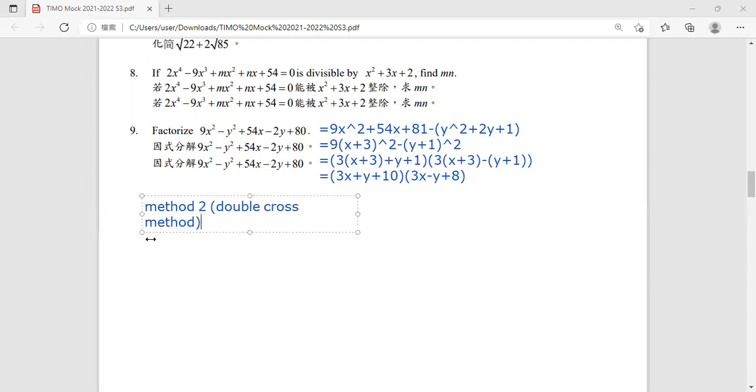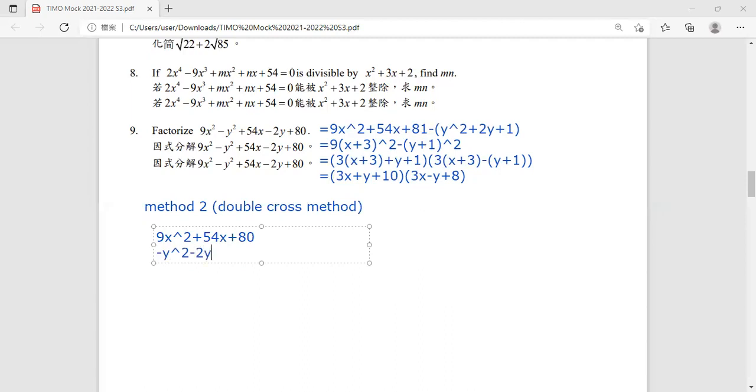If you don't, let's start. So you just take away the x and the y. I also write this one, and I have another thing, this. Now I use the cross method to factorize these two first.